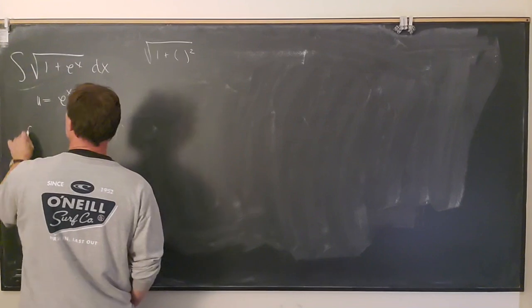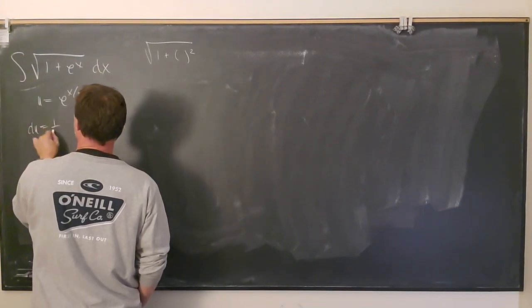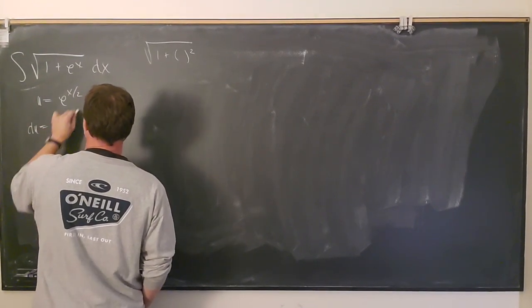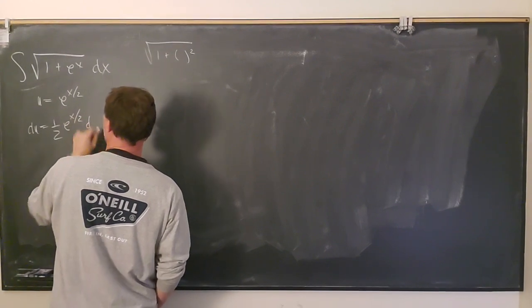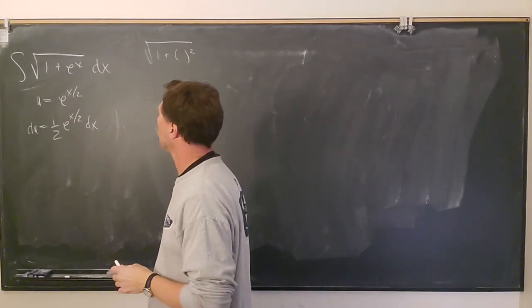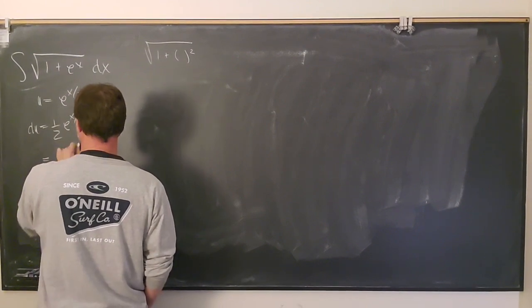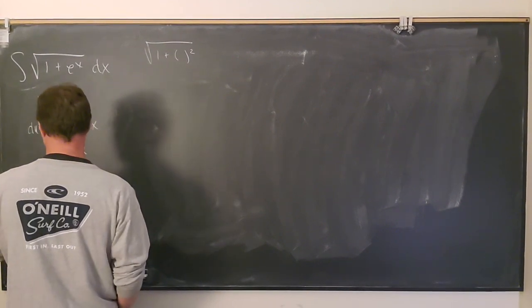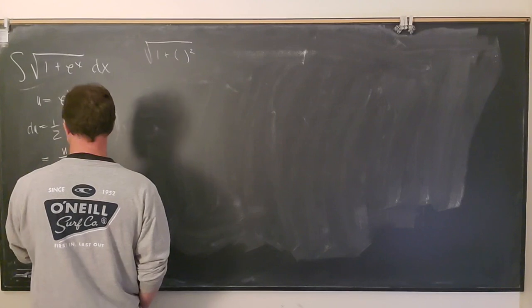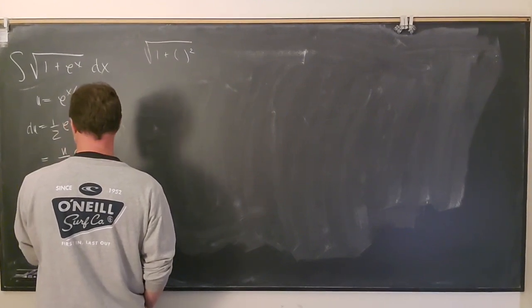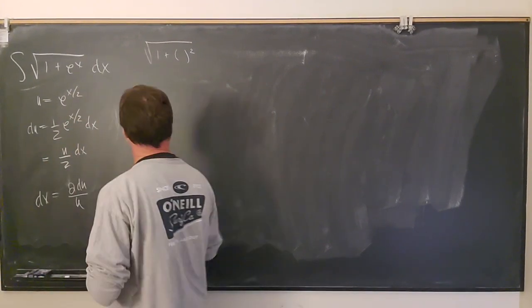Which would then give me du equals 1/2 e to the x over 2 dx, which is equal to u over 2 dx, which means that dx is equal to 2 du over u.